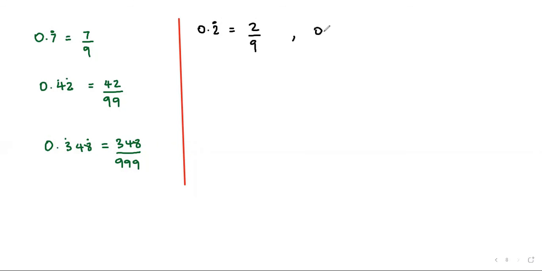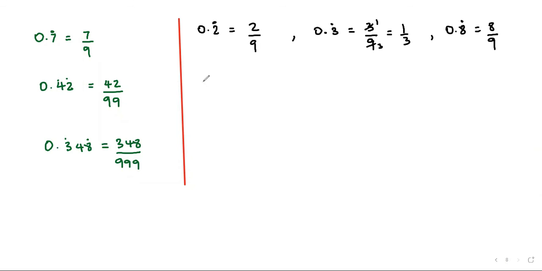For instance, if I have 0.2 repeating, it is 2 out of 9. If I have 0.3 repeating, it is 3 out of 9, and you can write it in simplest form as 1 out of 3. If you have 0.8 repeating, it will be 8 out of 9. So one digit repeating gives you 9, and the numerator will be the number repeating.